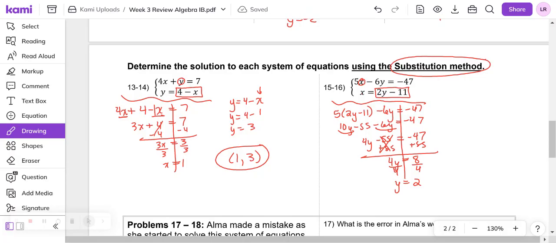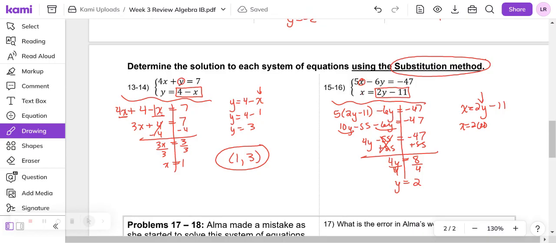Choose which equation you want to work with. It's your choice. Whichever one you perceive is easier. My perception is this bottom one that is solved is simpler to use. So x equals 2y minus 11. My y value is 2, so I'm putting a 2 in that place. So I'd have 2 times 2.